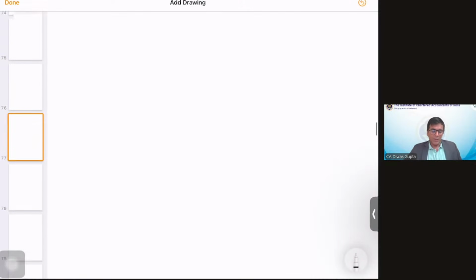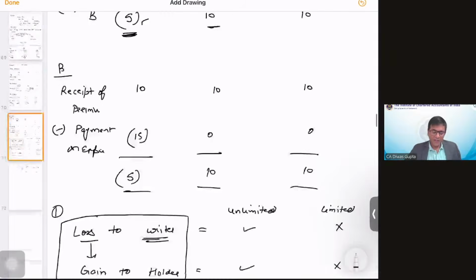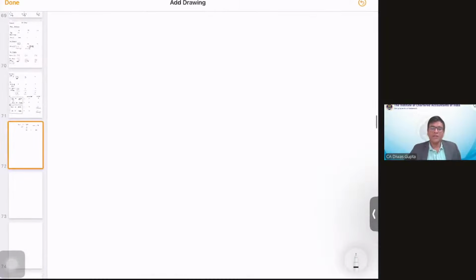Okay, now let's take the example of a put option, students. We just took an example of a call option towards the end of the previous session. Now let's take an example of a put option. So let's assume the strike price to be 110.